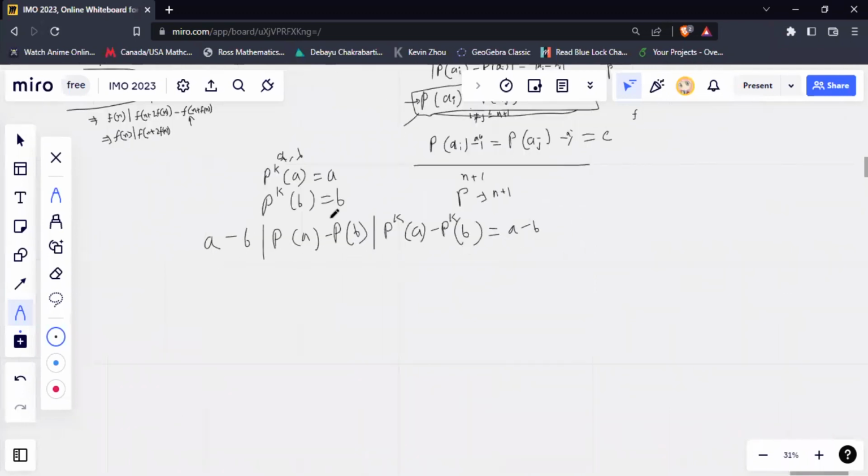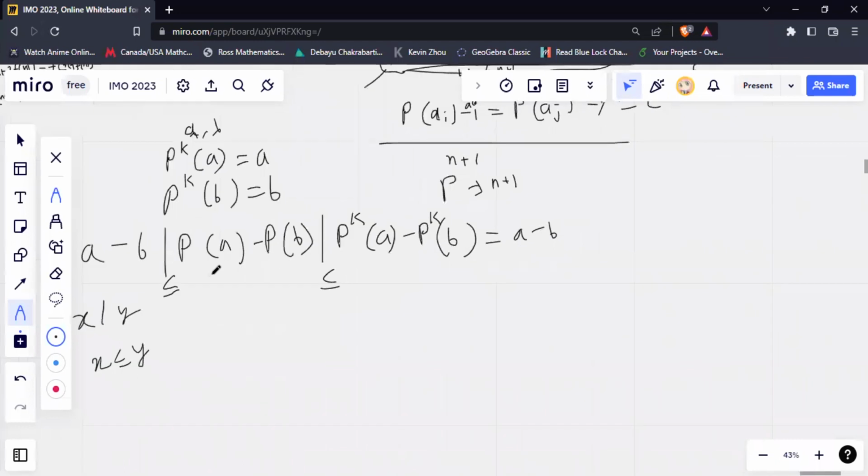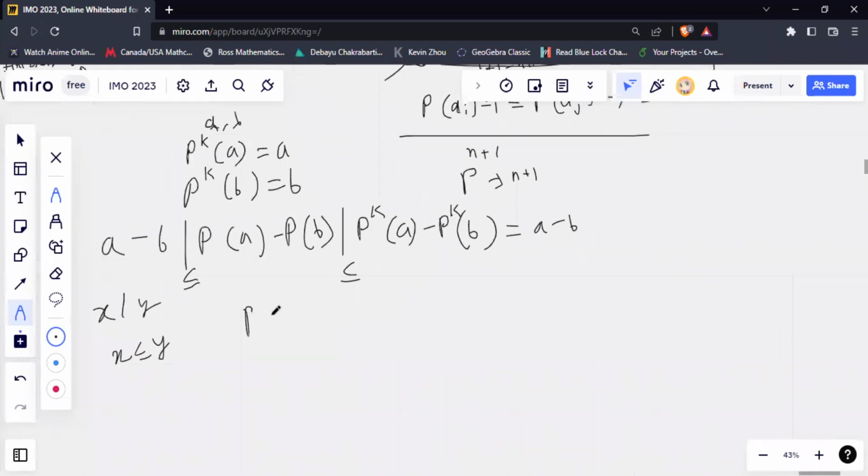So equality must hold everywhere, because if some x divides y and we have equality at the end, then p of a minus p of b is a minus b.